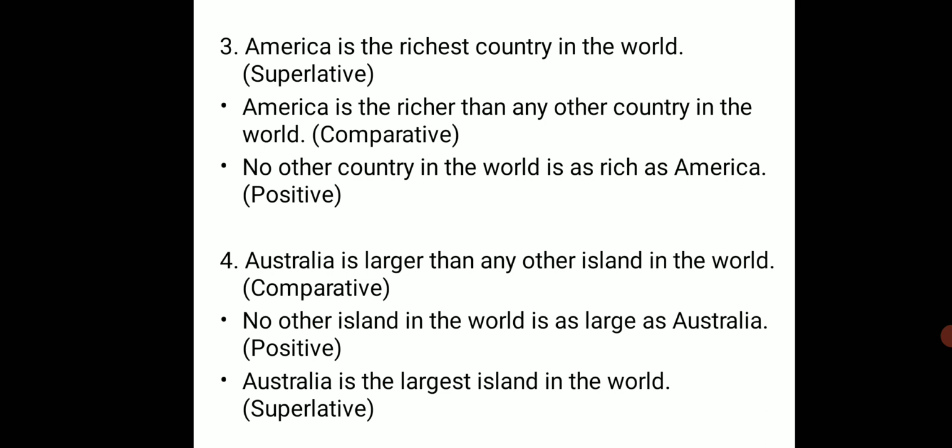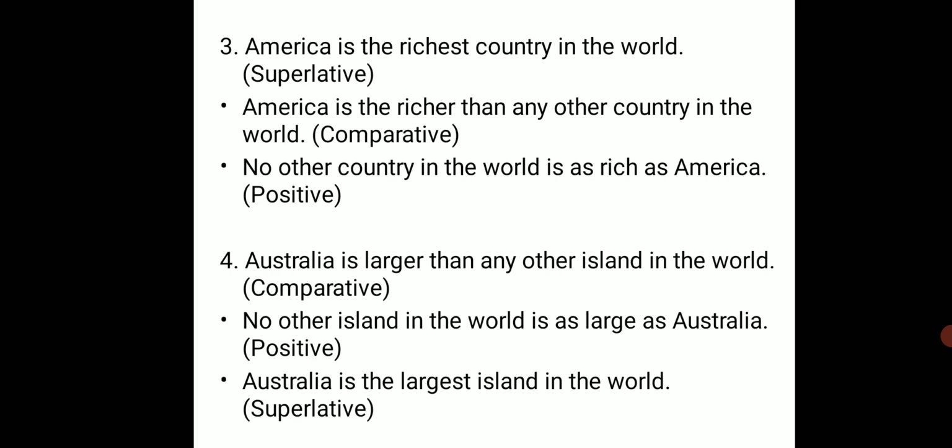Or even it can be written as America is a rich country, it can be said so. Or even it can be changed into this form: no other country in the world is as rich as America. By using as, this can be written in positive degree in this way.